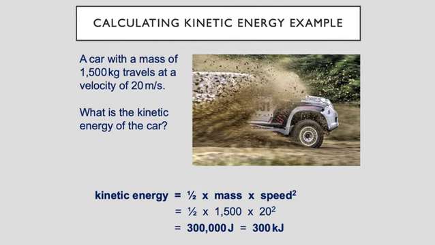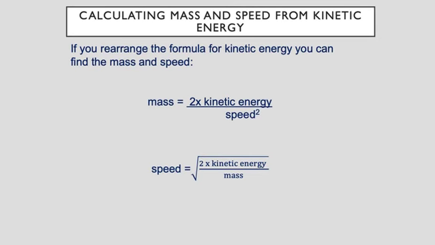So it starts off with half, times the mass, which is 1,500 kilograms, times the speed, which is 20, and that's squared. And so that equals 300,000 joules, or we could write that as 300 kilojoules, because a kilojoule equals 1,000 joules, just like a kilometre equals 1,000 meters.